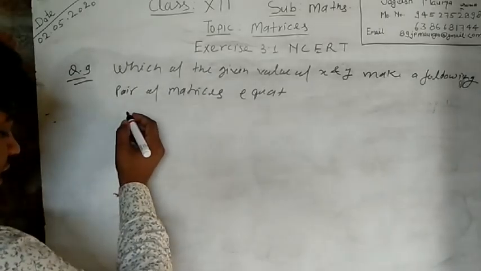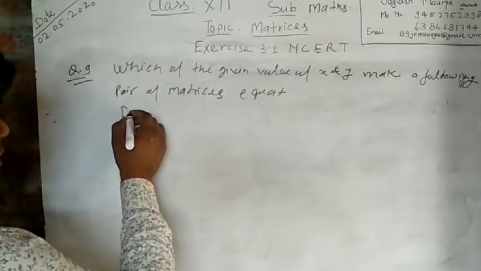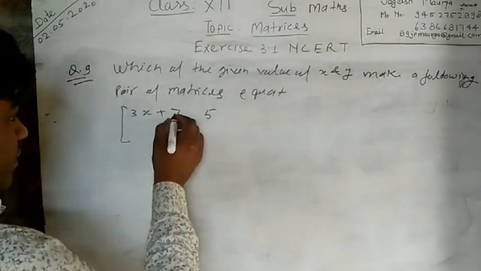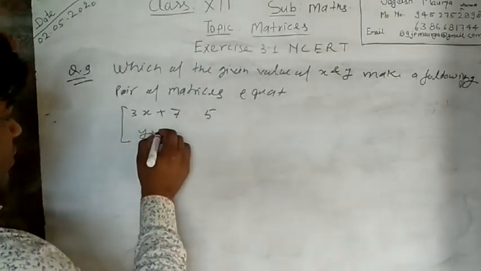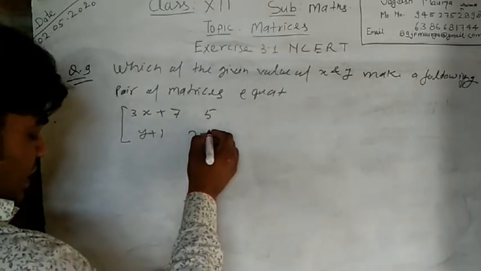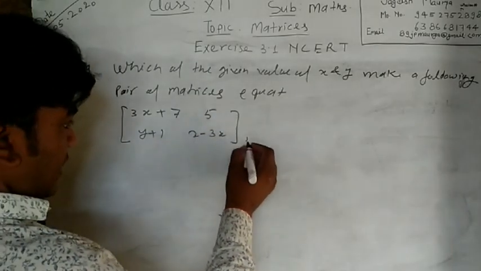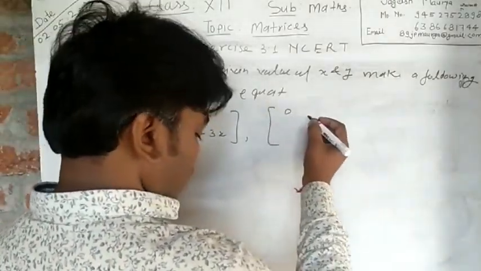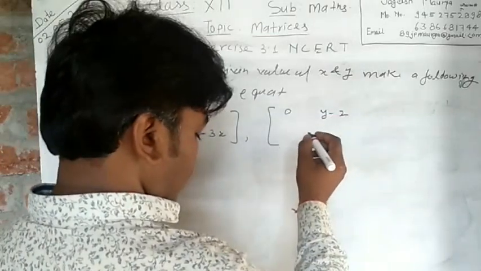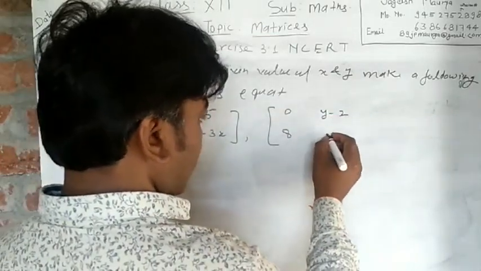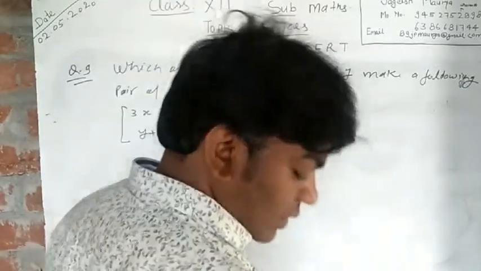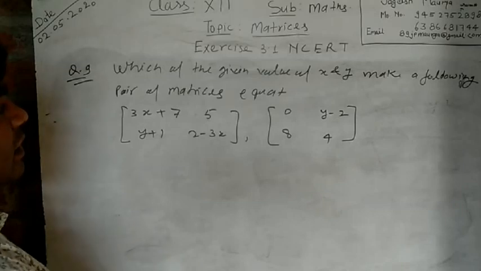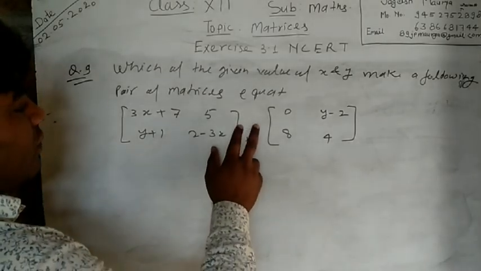Two matrices are given. First, [3x plus 7, 5; y plus 1, 2 minus 3x]. And the second matrix is [2, y minus 2; 8, 4]. Here we have to find the values of x and y such that these two matrices are equal.